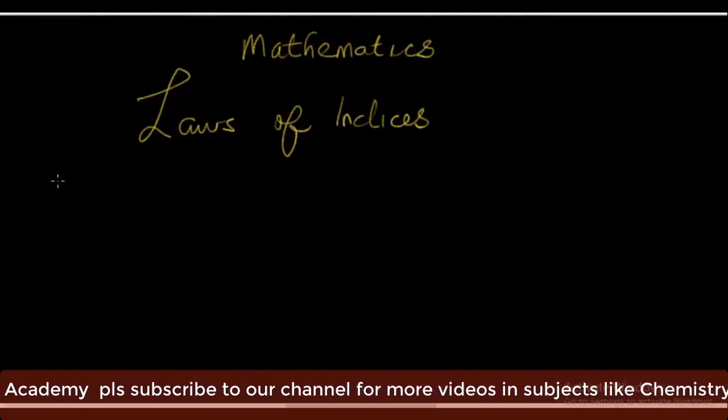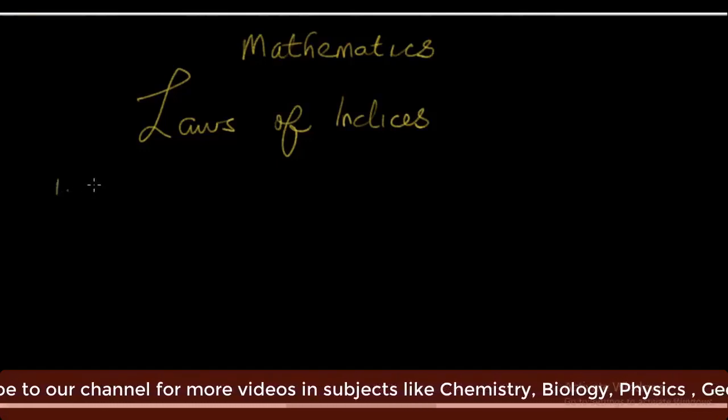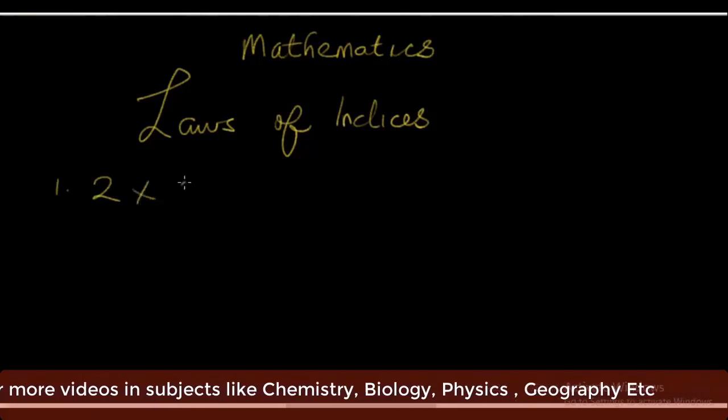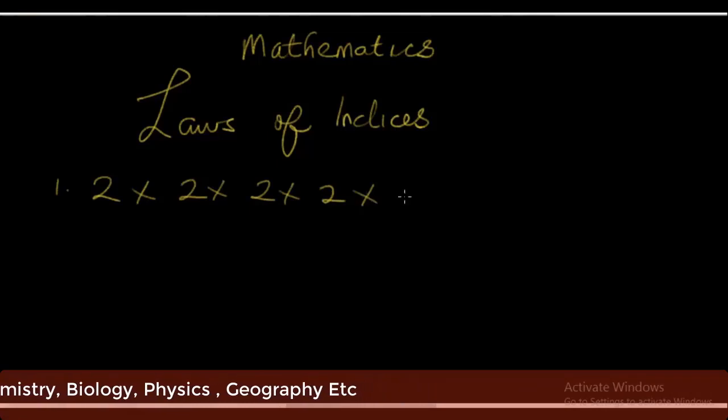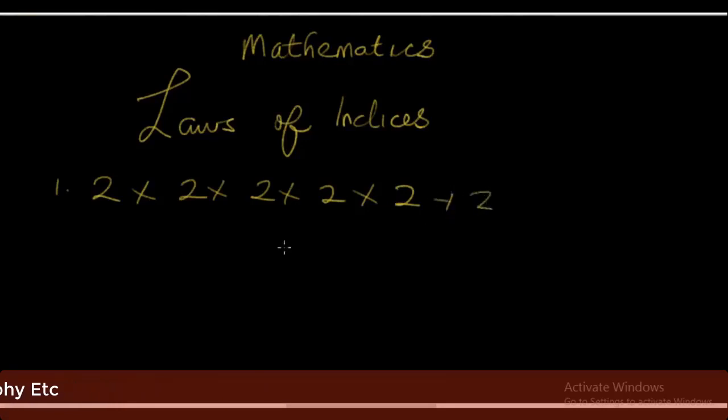For example, we have 2 times 2 times 2 times 2 times 2 times 2, that's 6 twos.